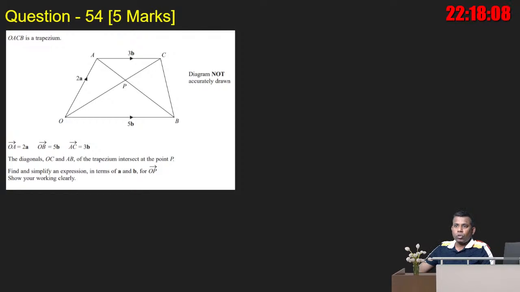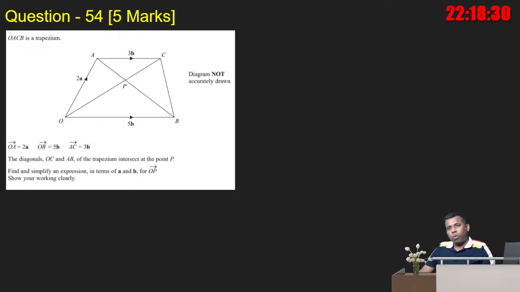The diagonals OC and AB of a trapezium intersect at the point P. Find and simplify an expression for OP. So we need to find the expression for OP.